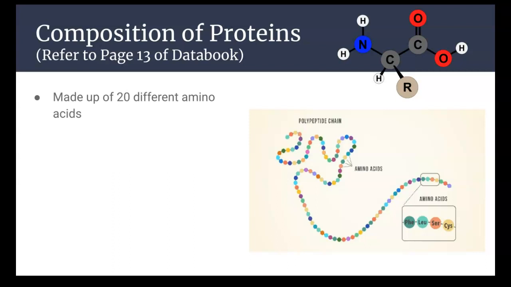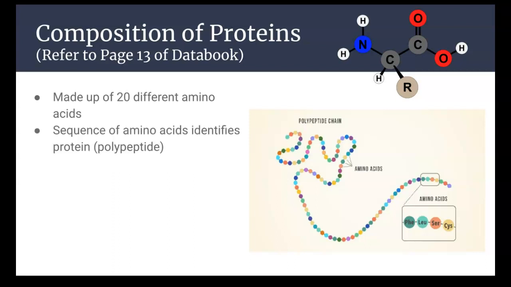Amino acids are the smallest building blocks of them, and there's 20 different amino acids that can make up our proteins. We can get some of these amino acids from our body. Some of them we have to get from our foods. So that's why it's super important that you have a diet that includes protein, whether that's a meat byproduct or some other form of protein like legumes. It doesn't matter what you're eating as long as you're getting some protein somewhere.